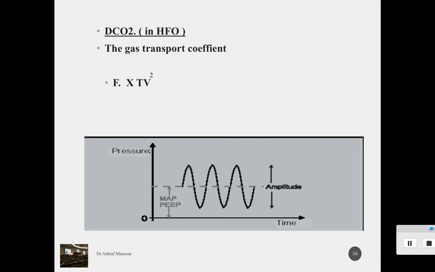The higher the DCO2, the more washing of CO2, and the lower the PCO2 in your blood gas. So if you are following the DCO2 and the trend of change, you can know whether your baby needs to be weaned from the amplitude or from the amplitude and the frequency later on, whether there is improvement in the tidal volume or not, and whether there is retention of CO2 even before you do your blood gas.